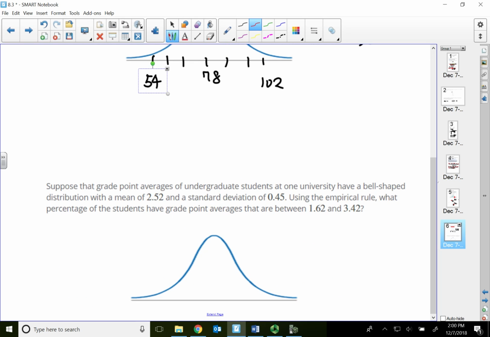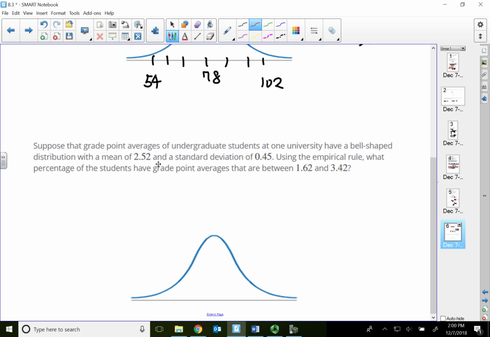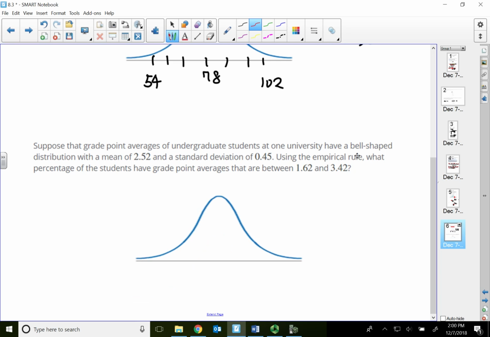All right, let's try this one. Suppose that the grade point average of an undergraduate student at one university has a bell-shaped distribution with a mean of 2.52 GPA. So the mean is 2.52 GPA. And a standard deviation of 0.45. Use the empirical rule.